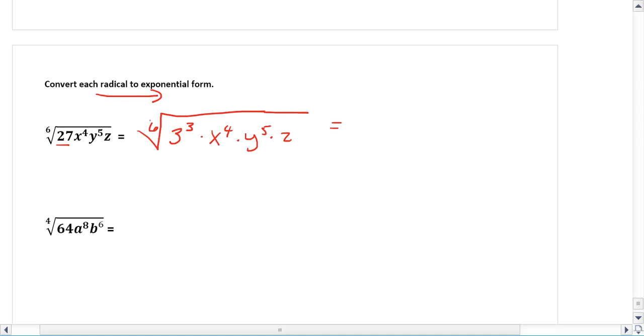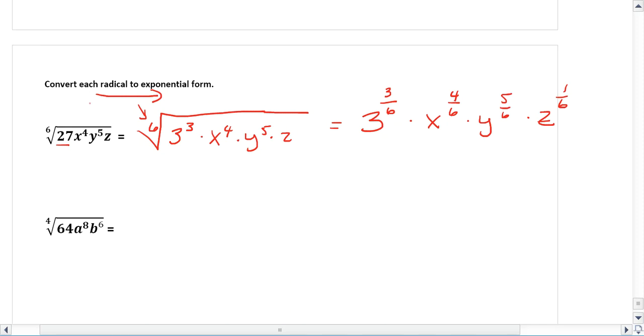Now we know that this 6th root is going to become the denominator of the exponential fraction. So I'm not going to reduce them. I'm just going to be really obvious here, but you could reduce as you're going along when you're doing your assignment. So this becomes 3 to the 3/6 power times x to the 4/6 power times y to the 5/6 power times z to the 1/6.